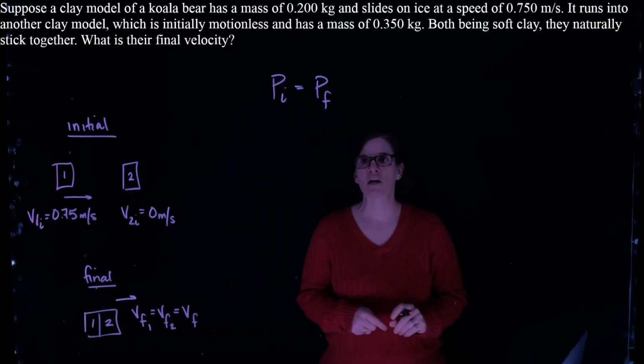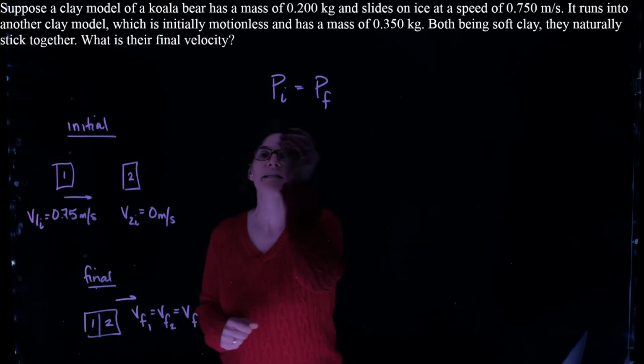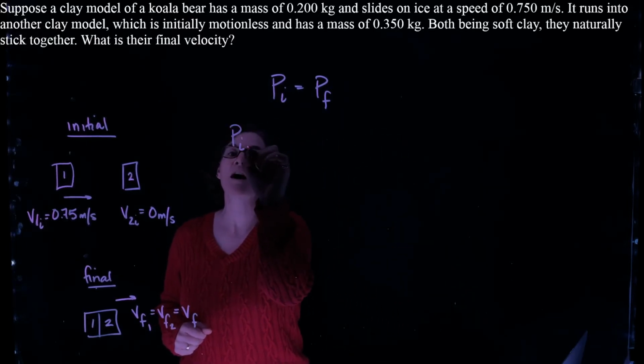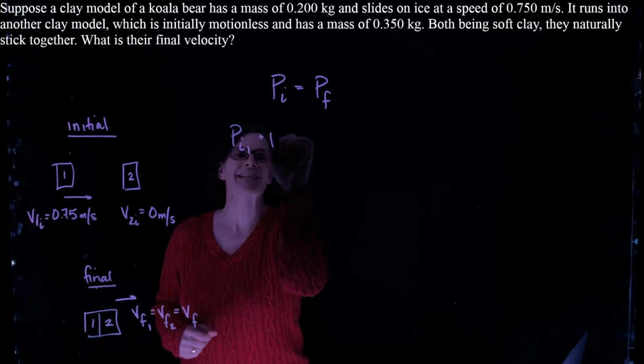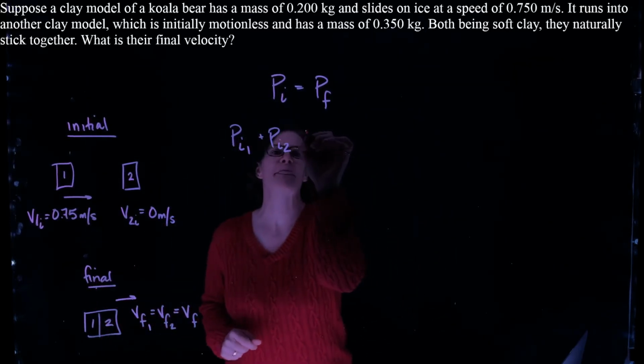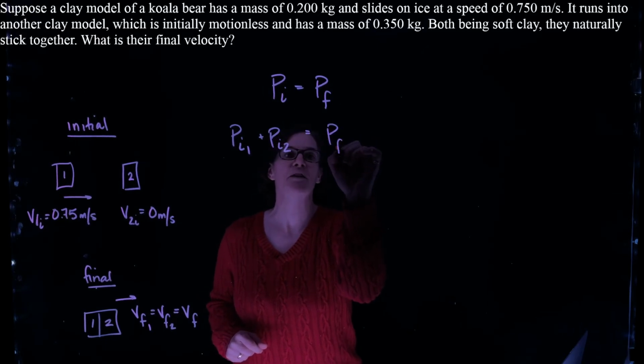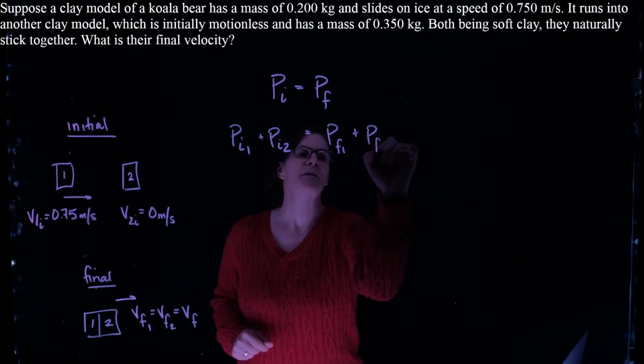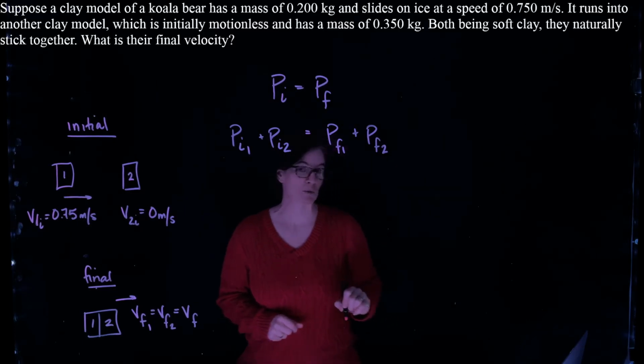All right. So the initial momentum is going to be the initial momentum of object 1 plus the initial momentum of object 2, both clay models in our system. That has to equal the final momentum of object 1 plus the final momentum of object 2.